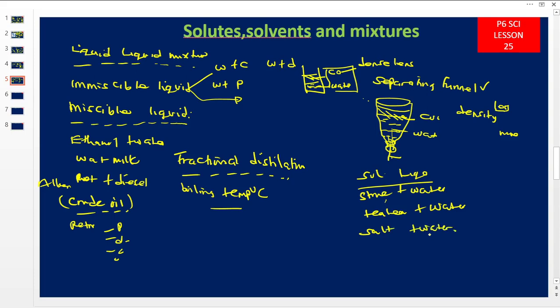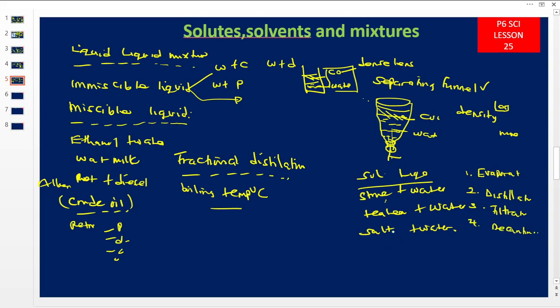Now when you look at this, we can use several methods. 1, we can use evaporation to dryness. 2, we can use distillation, simple, not fractional, simple distillation. Then 3, we can use filtration. Then 4, we can use decanting.